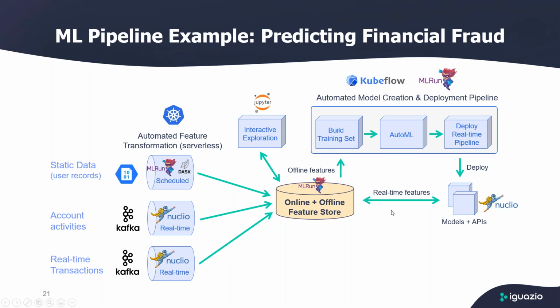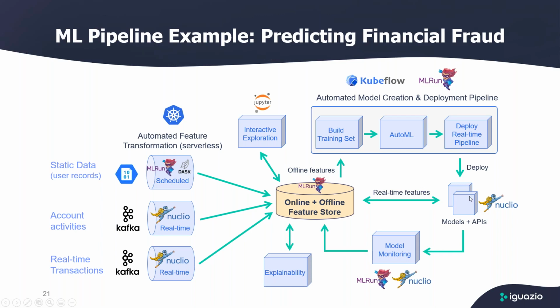Once you have the model in production, it works against the feature store to get real-time data as needed. And all the data is being monitored by the model monitoring piece and written back into the feature store, so we can do post-production analysis for explainability and so on. So this is the entire pipeline I'm going to demonstrate.